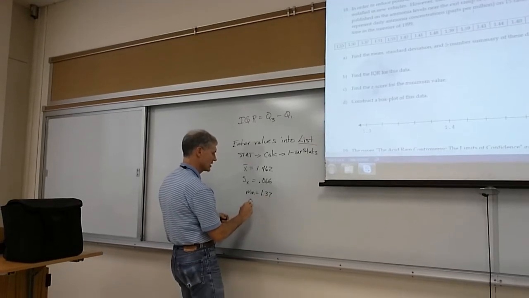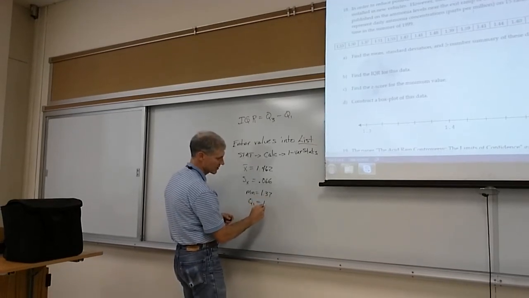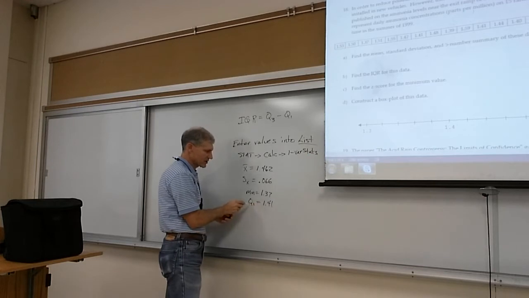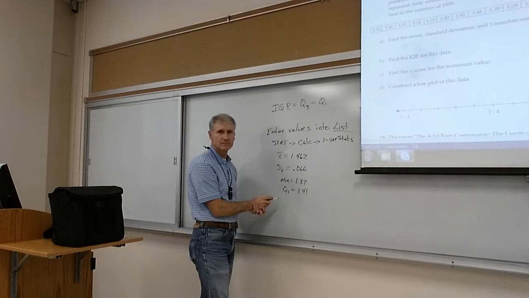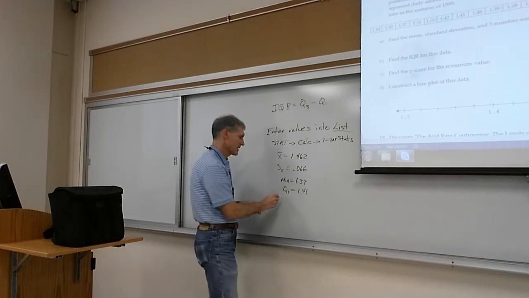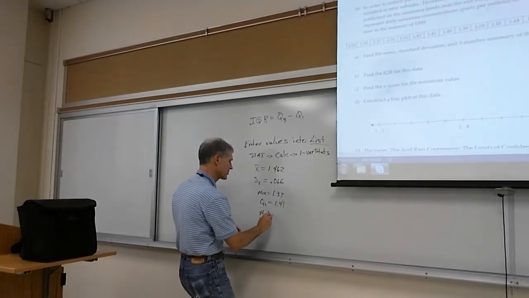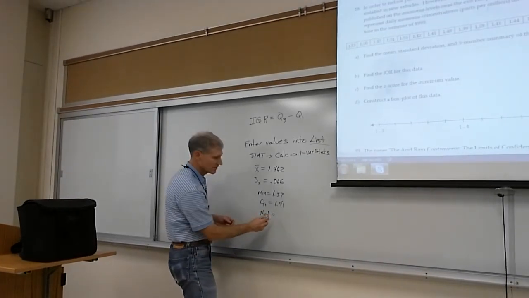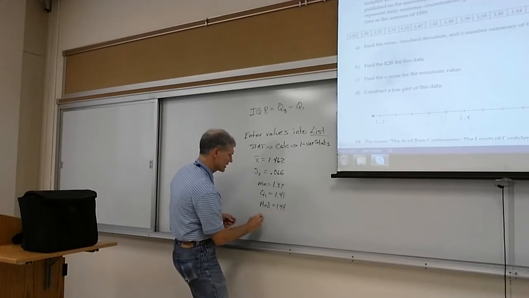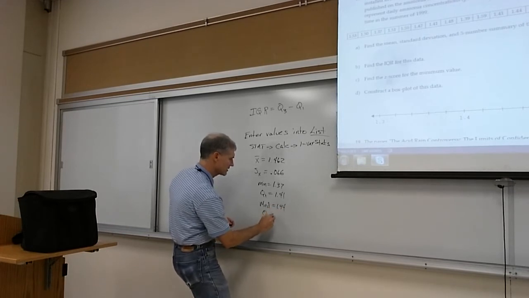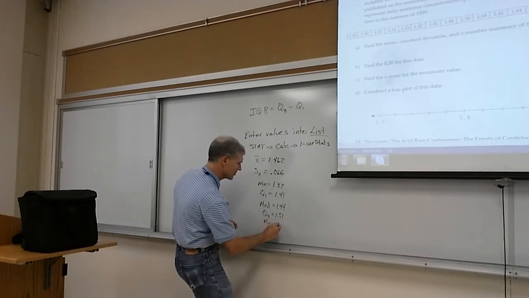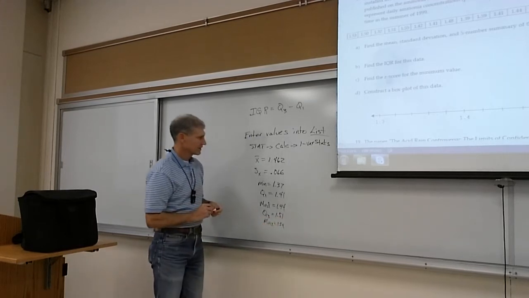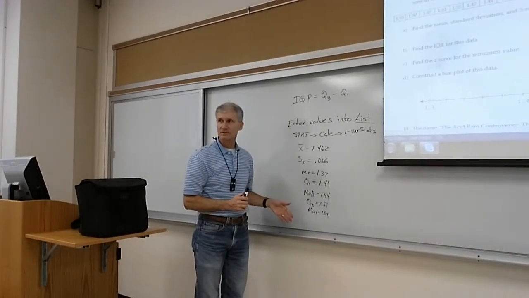We need Q1, 1.41. What's another name for Q1? 25th percentile. And then the median, also the 50th percentile, is 1.44. Q3 is 1.51, and the max 1.59. Is everybody matching those?